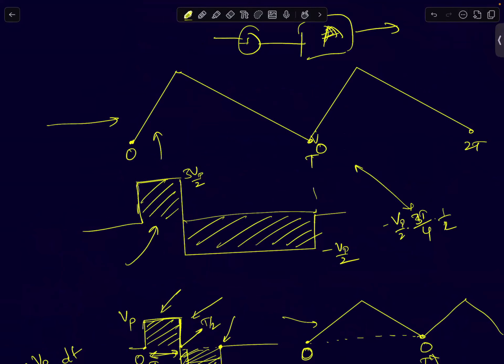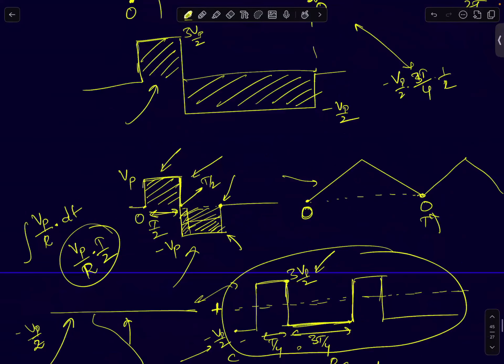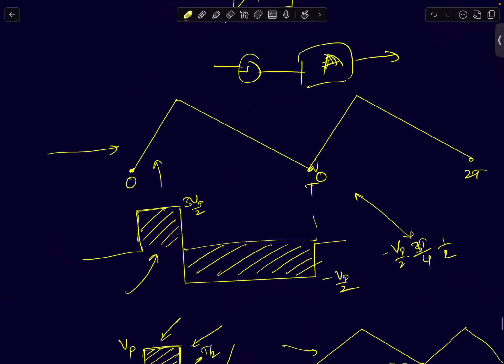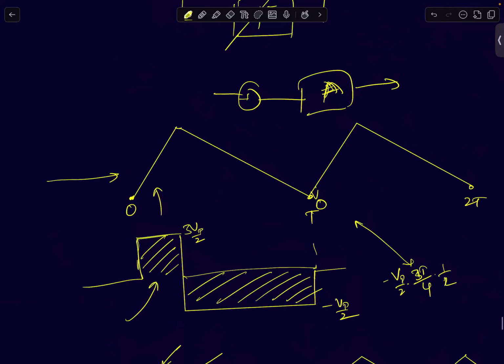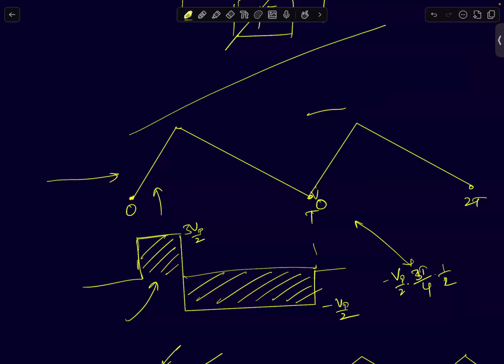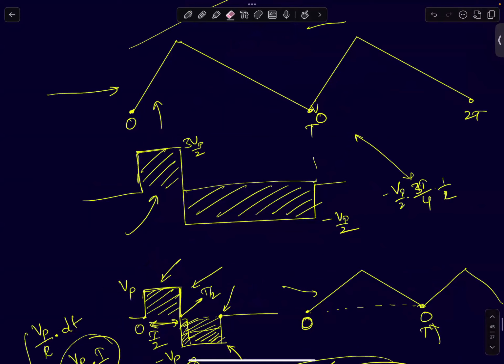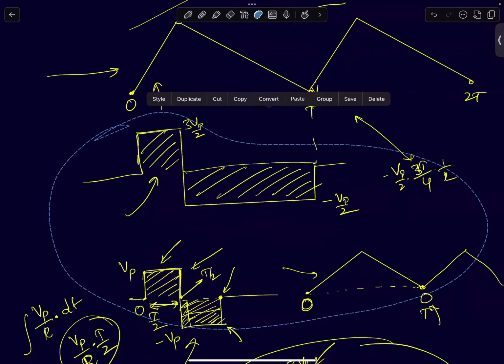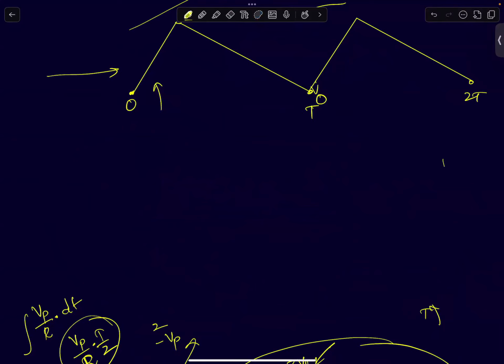Now, if I add the DC content, Vp minus Vp by 2, what do you expect will happen at the output? You will have to add a perfect ramp signal to this. If you add a ramp signal to this, can I say the waveform will look like this?